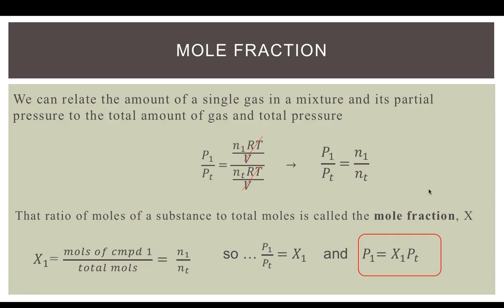That means the partial pressure associated with nitrogen is 80% of the total, and oxygen is 20% of the total pressure, because that's the number of moles. 80% of all the moles are nitrogen, 20% of all the moles are oxygen, and so that should hopefully start to make sense. It's kind of intuitive why the mole fraction times the total pressure is the partial pressure associated with whatever compound you're looking at.